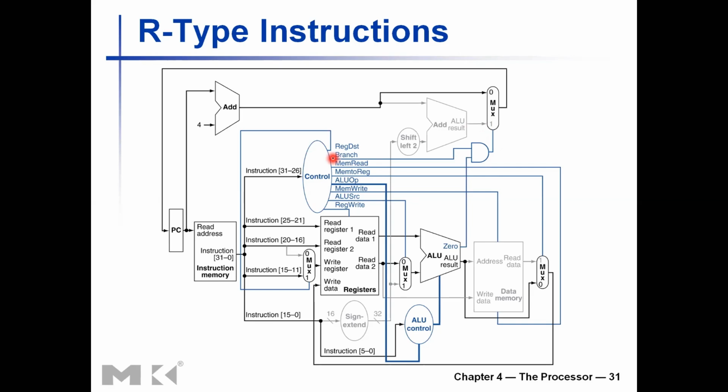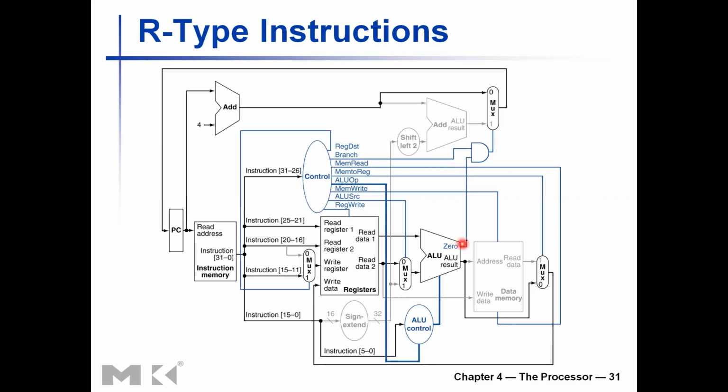So the branch control signal tells whether the instruction we are dealing with is a branch instruction or not. In other words, whether we need to take the result of this adder from the multiplexer to update the program counter. Since this is an R-type instruction, we don't use the branch circuitry. So we need to send a 0 from the branch control signal into this AND gate.